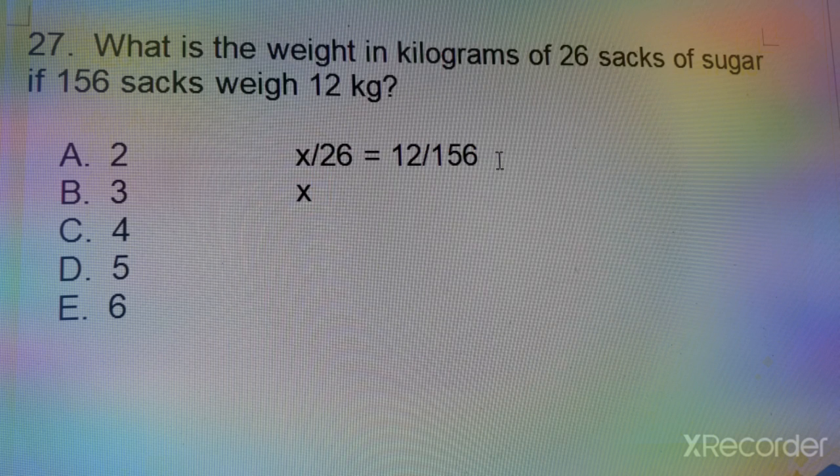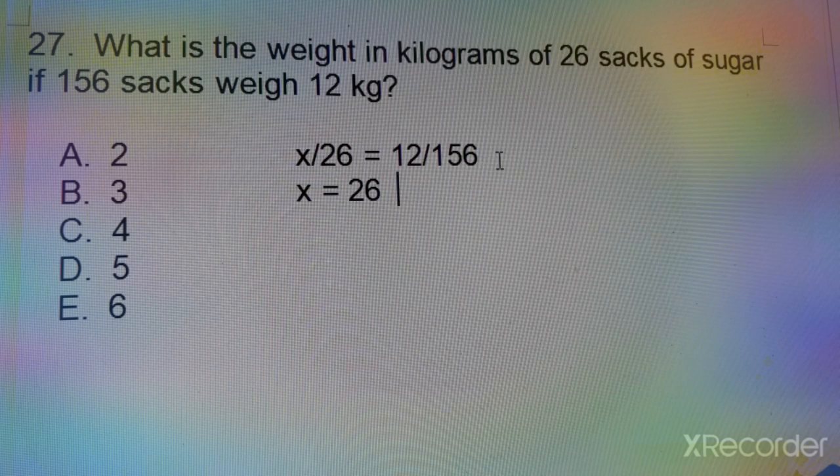X is equal to 26 times 12 over 156. Next, we can reduce 12 over 156 since 156 is divisible by 12.